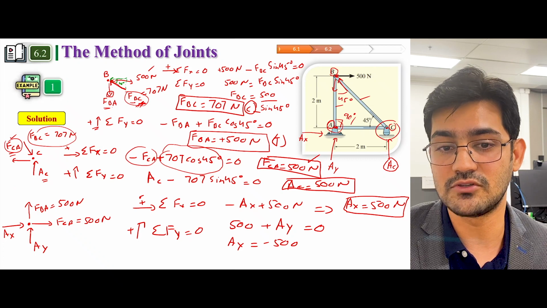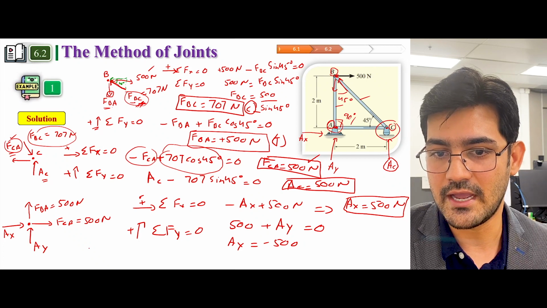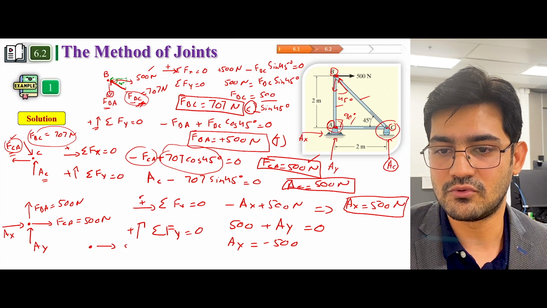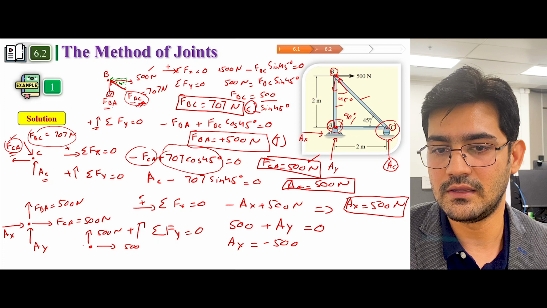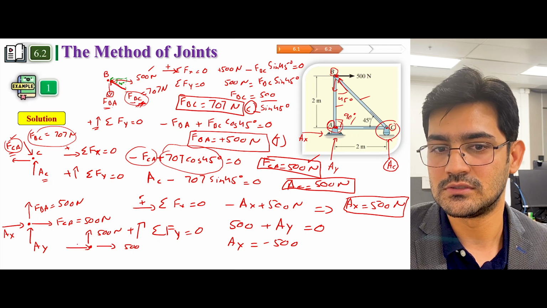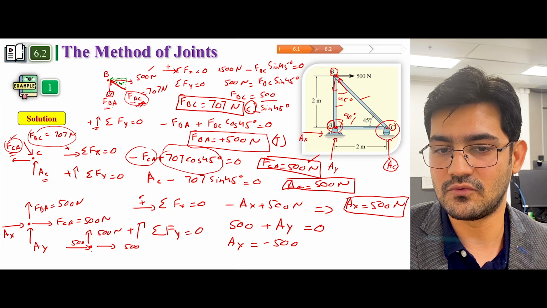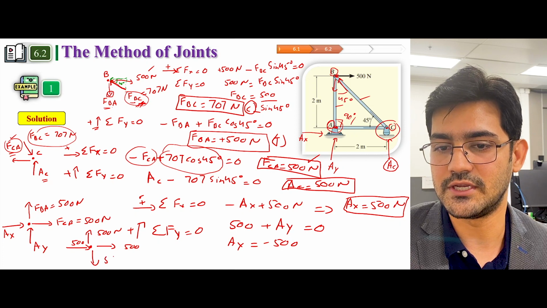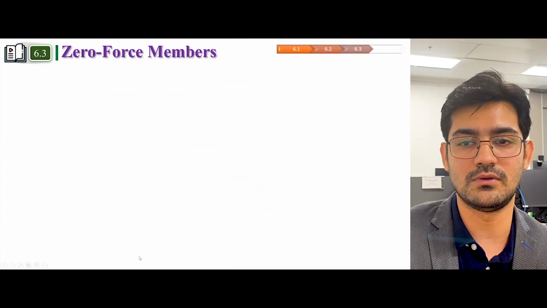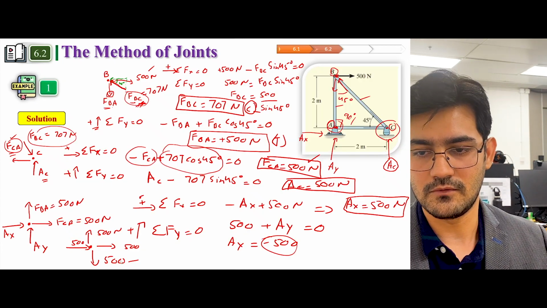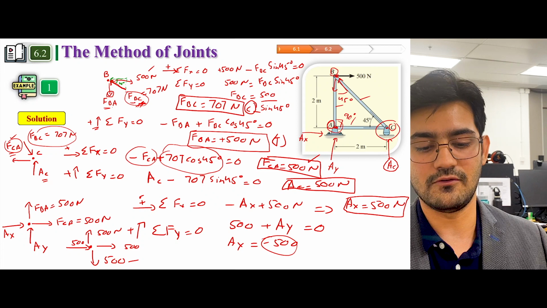So actually this force is not acting upward, it is acting downward. If I draw the actual, there is one force acting horizontally, A of x 500, and this force is actually downward, which is 500. Because the answer comes out negative, the direction which we assumed was wrong. Okay, so this is how you solve by the method of joints.